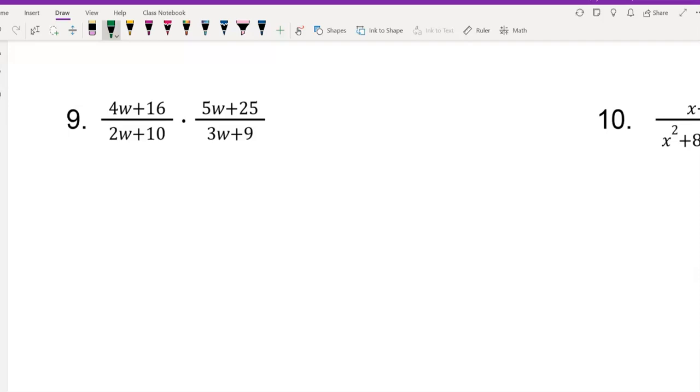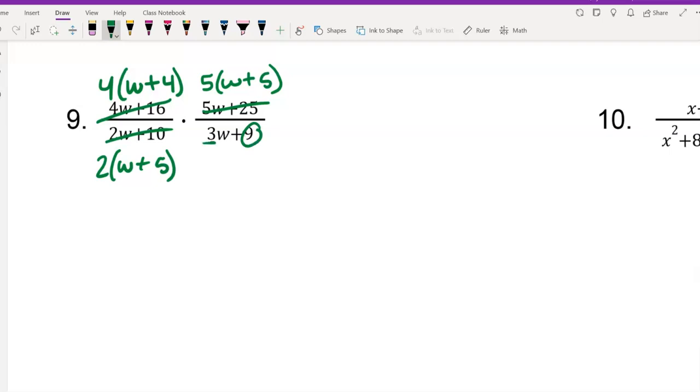All right, from the top here, is 16 divisible by 4? Yeah. So our GCF is 4. All right, the bottom, is 10 divisible by 2? Yep. So we're dividing them by 2. All right, here, is 25 divisible by 5? Yep. So we're dividing them by 5.